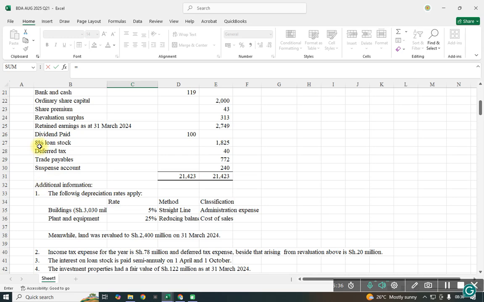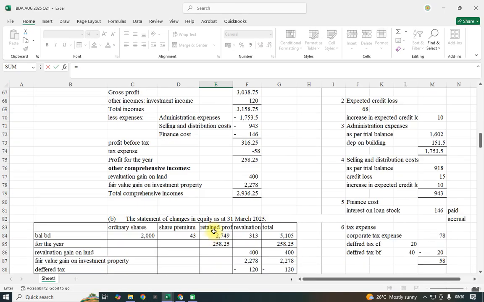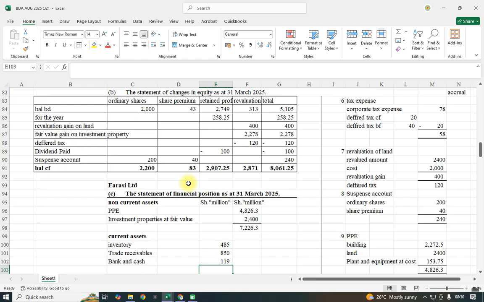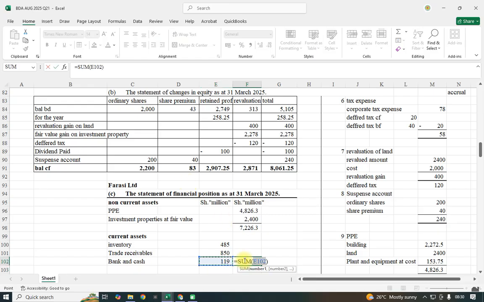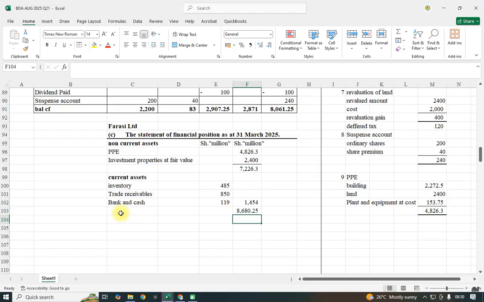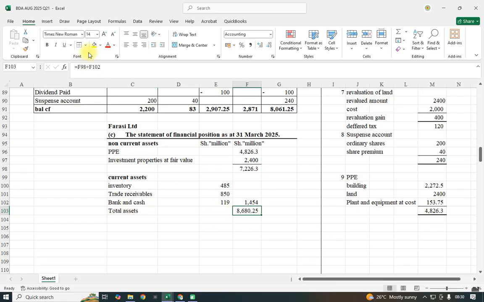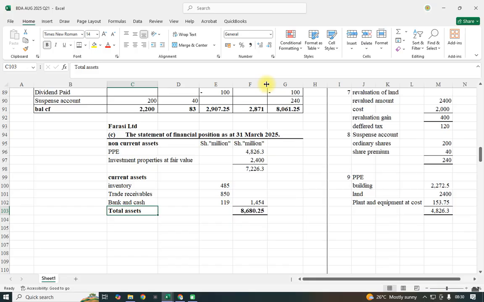We had cash, bank and cash of 119. You get the total for this, and we add the two. These are our total assets.